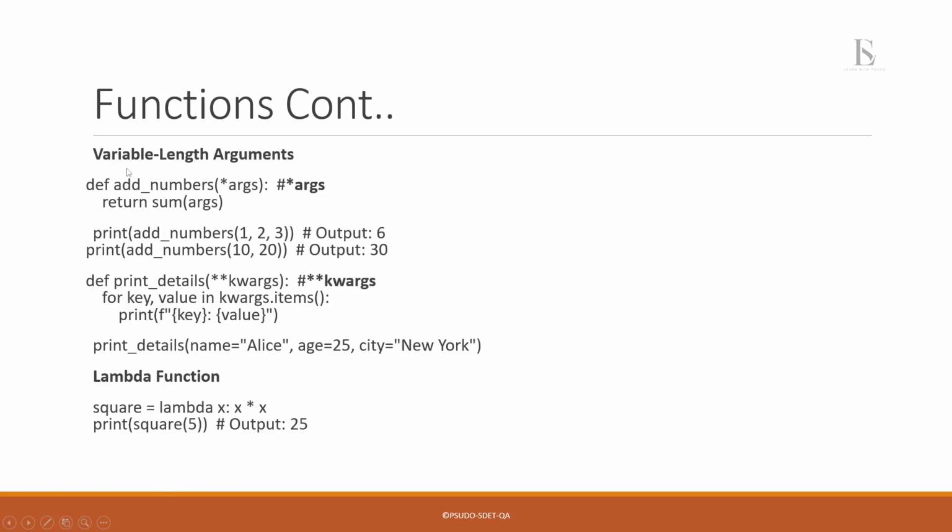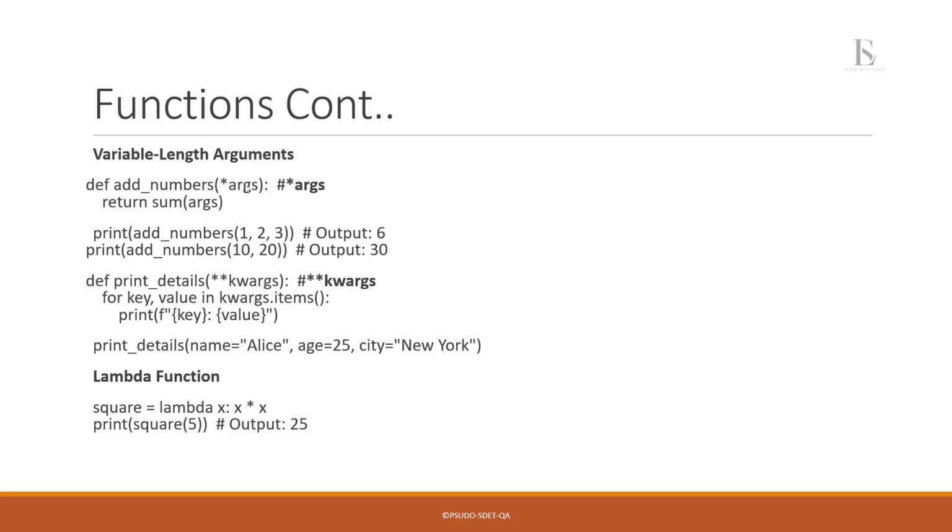Then we had two other things. We had args and keyword arguments, so args and kwargs. They are also known as flexible function signatures. When you are not sure of the arguments you are receiving in a function, you can use these keywords.